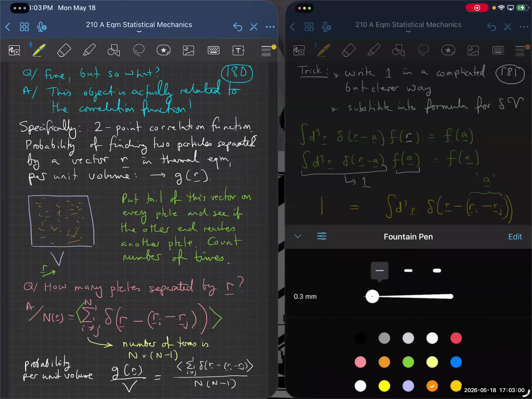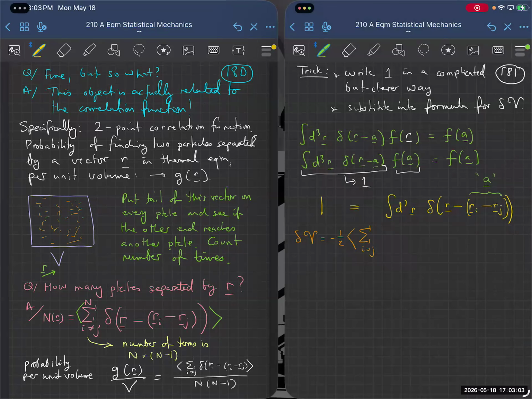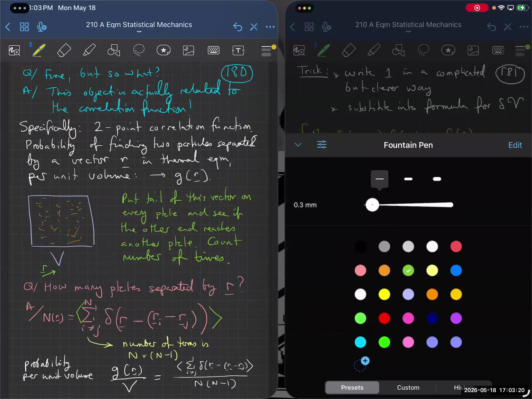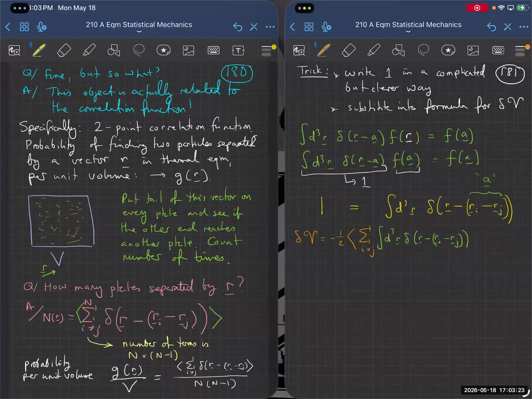And then I'm going to put in my complicated way of writing down 1: integral d3r delta of r minus ri minus rj. That's my complicated way of writing that down. And then I have the rest of the formula, which is my rij times du by drij, and then close the angle bracket. So that's what I have.